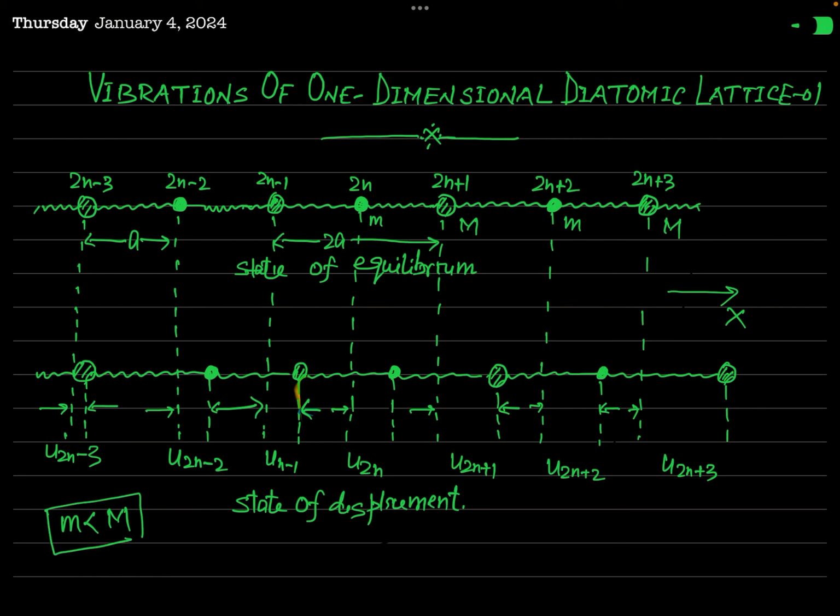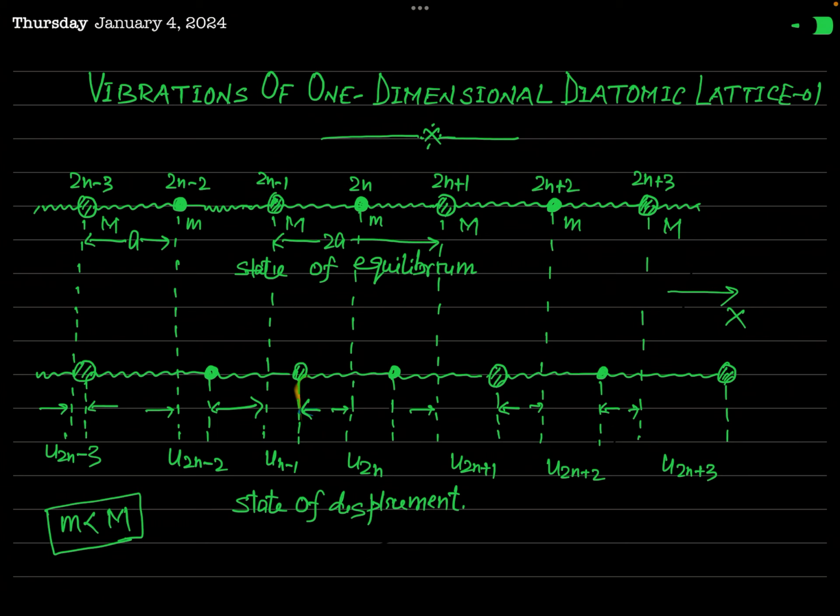You may take small m greater than capital M, but in this calculation we are going to assume small m is smaller than capital M. So this is capital M, this is small m, again this is capital M.